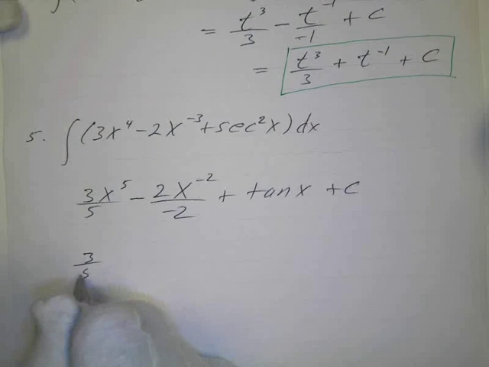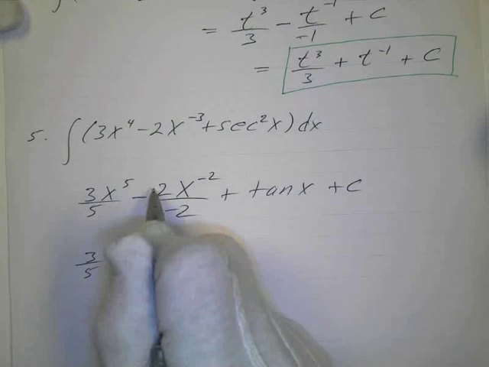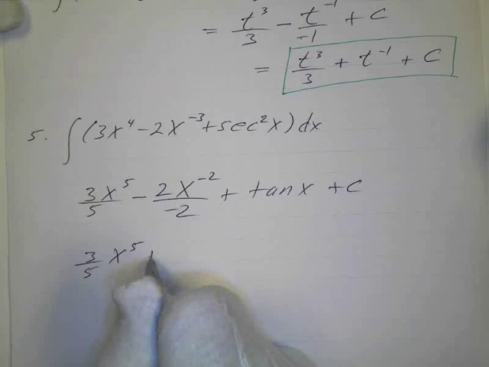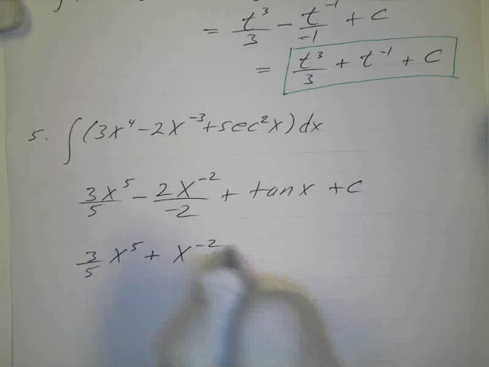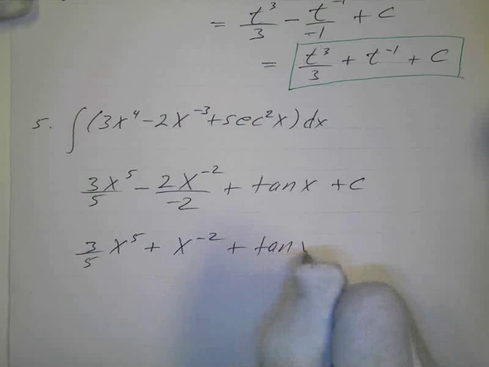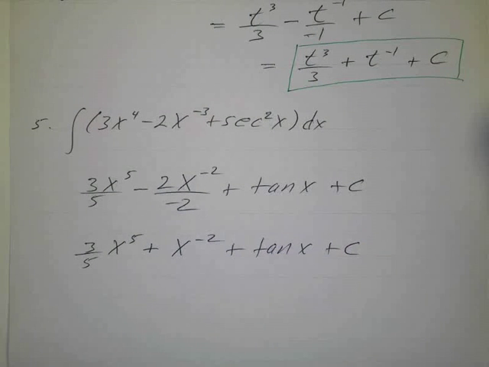So this is going to be 3 over 5 x to the 5th. That negative 2 over negative 2 is just positive 1, so that's going to be positive x to the negative 2 plus tangent of x plus c. So those are pretty easy.